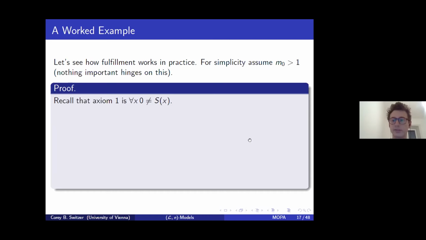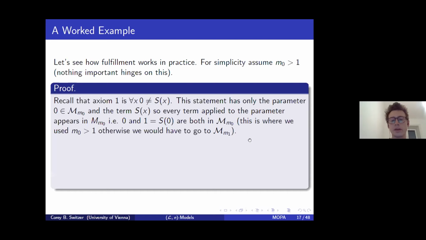All right, that's the sentence, the syntactic form. And I have my square increasing sequence of numbers and my associated square increasing model. And for simplicity, just to make things work a little nicer today, let's assume that the first element is greater than 1. So this statement has parameter 0, and it has this term s of x.